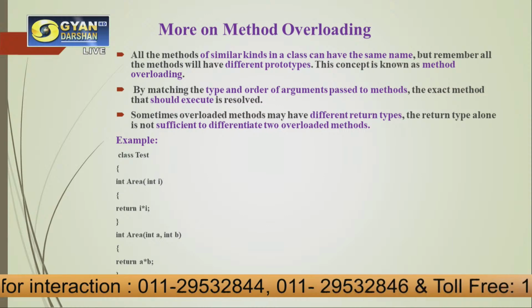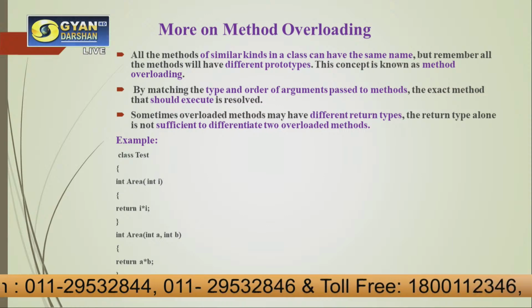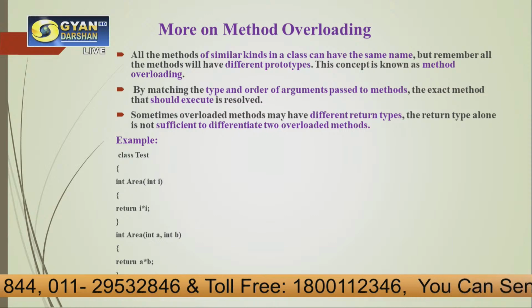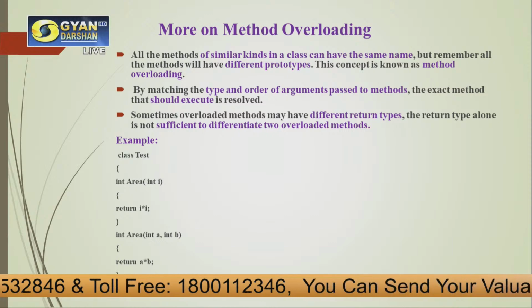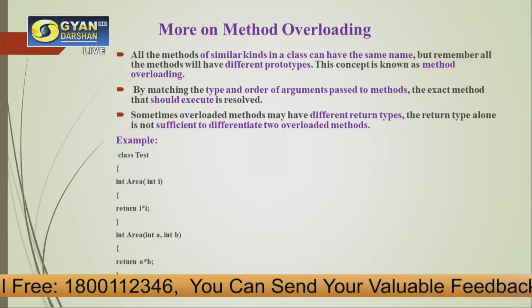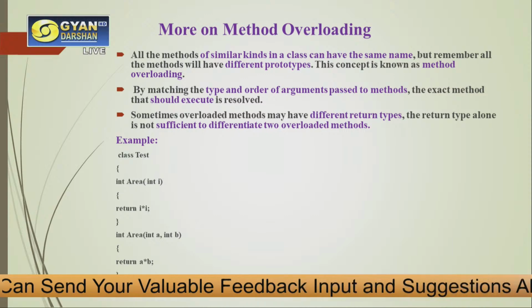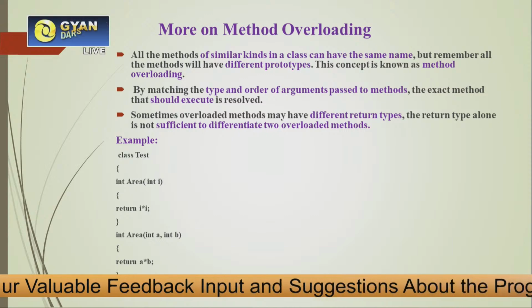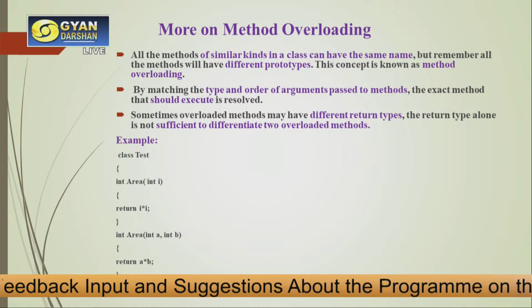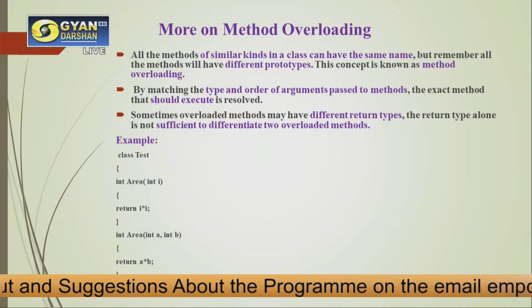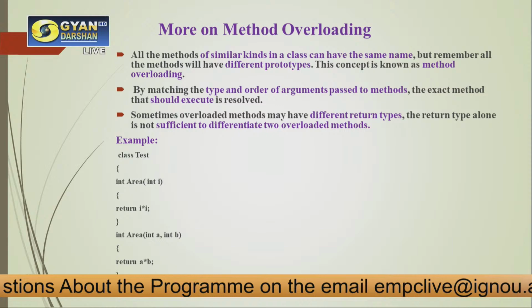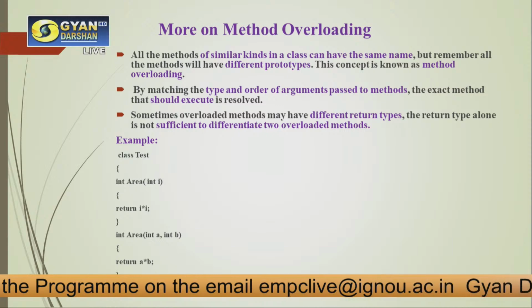Sometimes overloaded methods may have different return types, but that individually is not going to decide. It all depends on the total signature of that particular method, and on the basis of that it will be decided which method is to be invoked or executed.